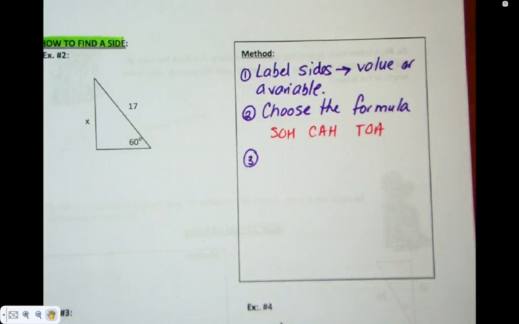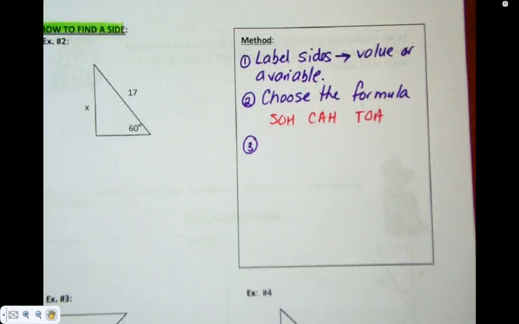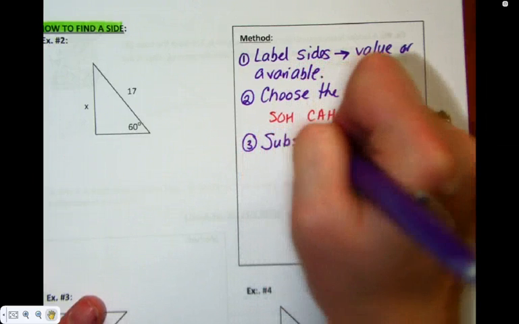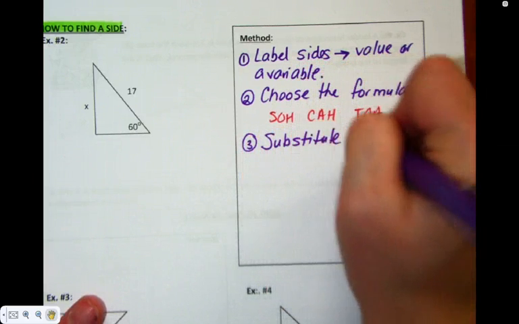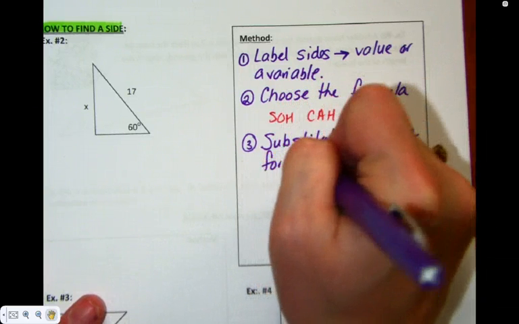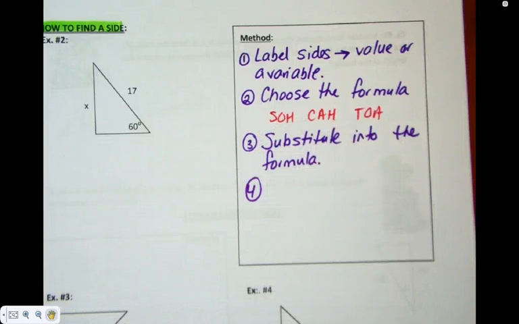Step number 3, substitute into the formula.